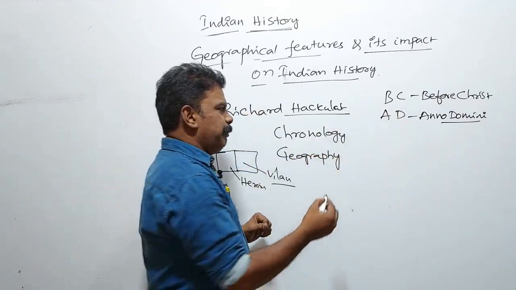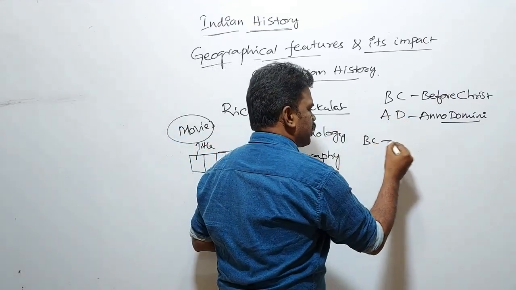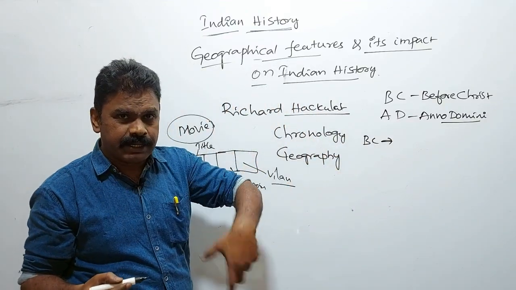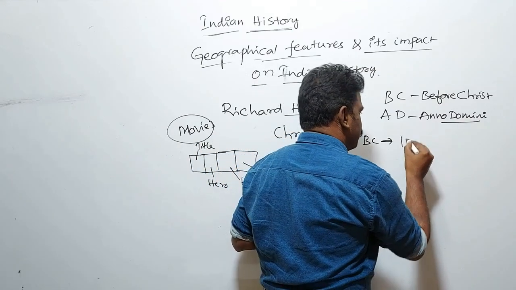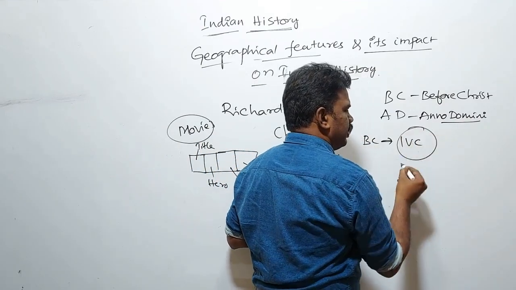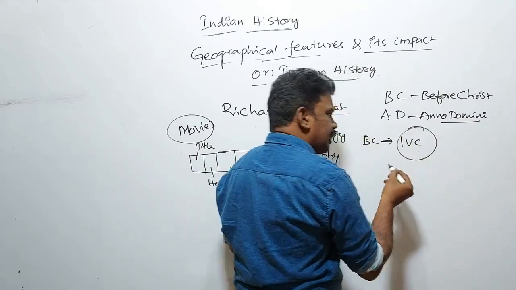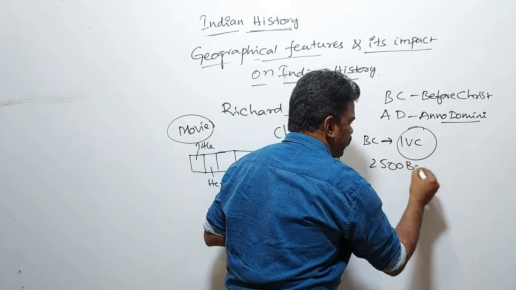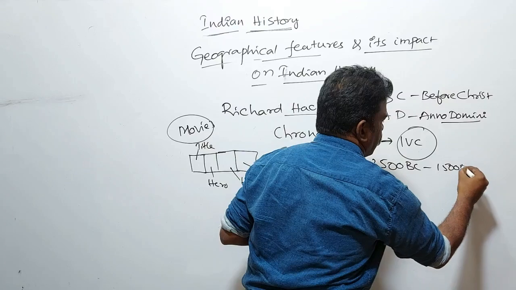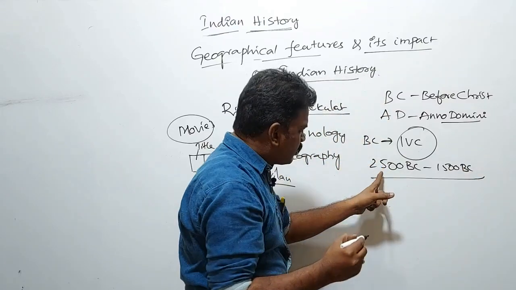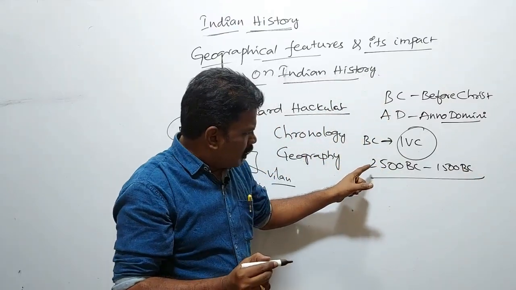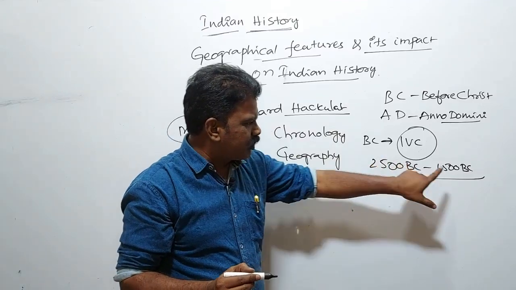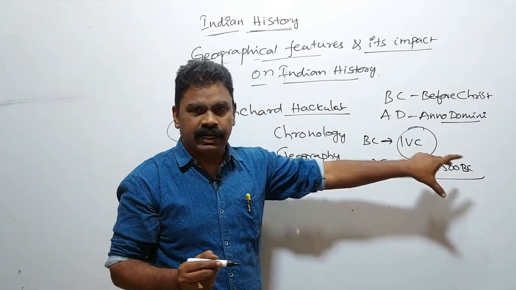BC years come in decreasing order. For example, the Indus Valley civilization or Harappan civilization in Indian history we write as 2500 BC to 1500 BC. So BC means the years are in decreasing order, 2500 to 1500.